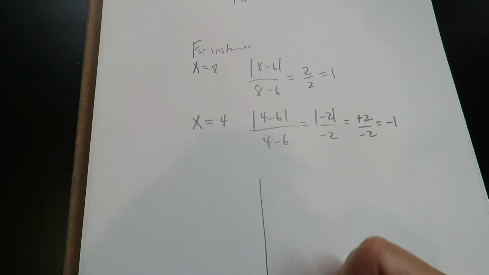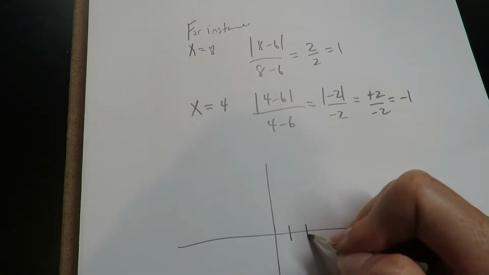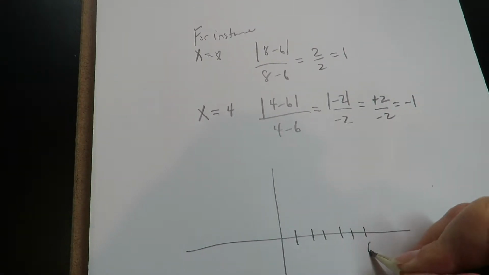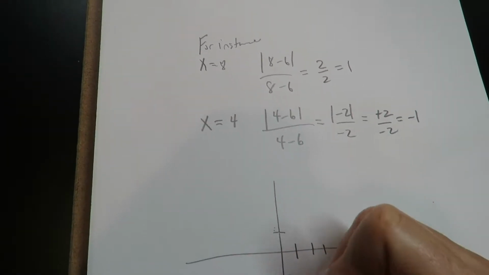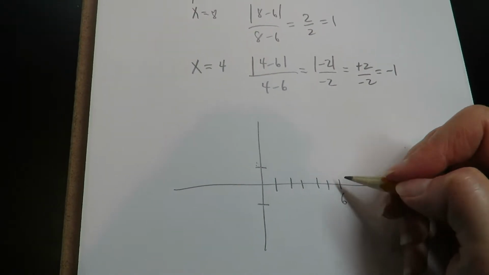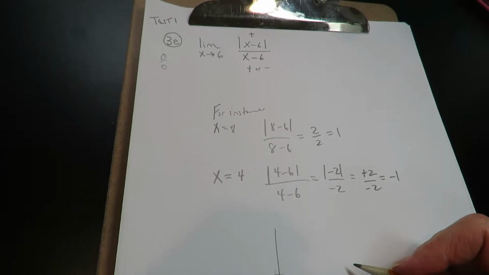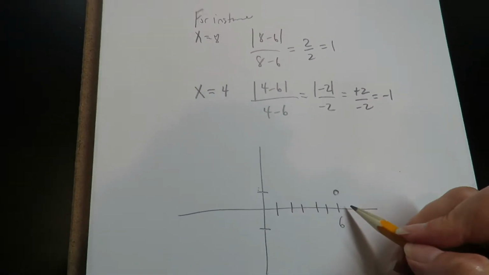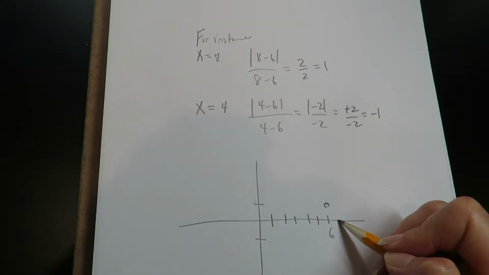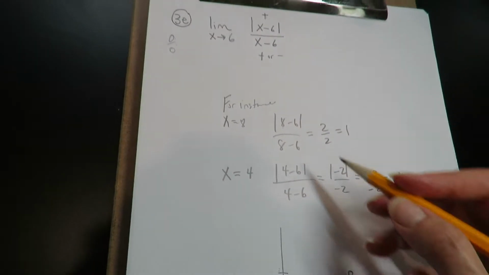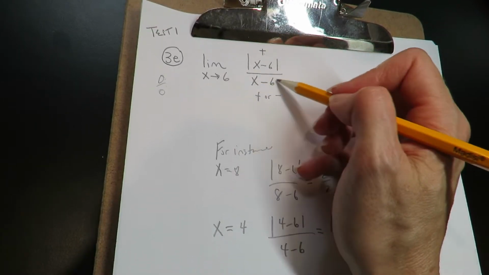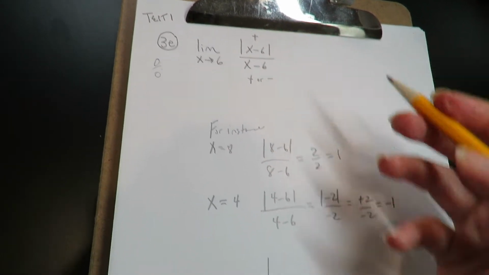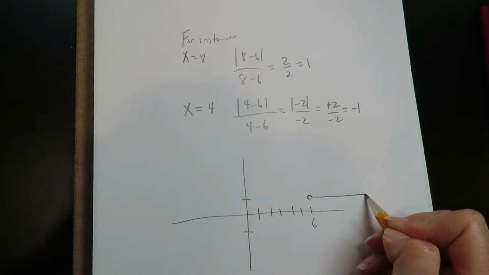So let me just draw this for you because some of you are very visual. If I plug in 6, it's indeterminate. If I plug in something greater than 6, something like 7 or 8 or 9, something that makes the denominator always positive, it's going to come out as positive 1, right?